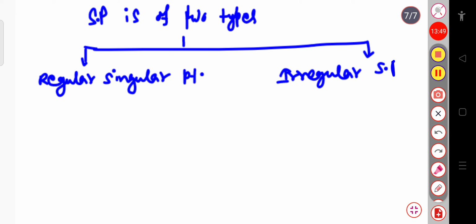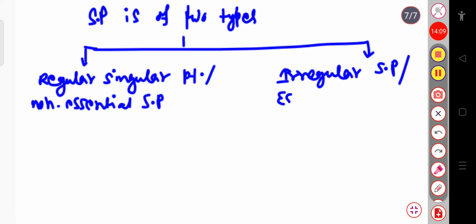This regular singular point is also known as the non-essential singular point. Now we will discuss how we distinguish between the regular singular point and the irregular singular point. And this irregular singular point is also known as the essential singular point.